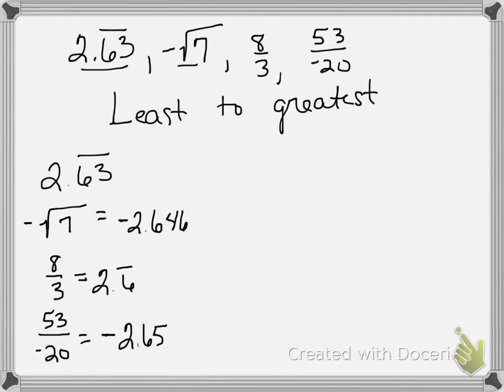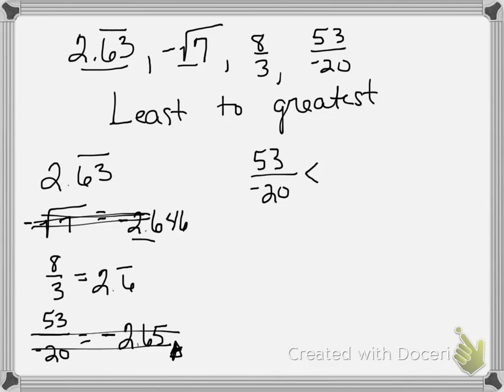Which one is the smallest? Well, if I look at this, the very smallest one is this one right here. In its original form, it was 53 over negative 20. So that's what I want to put, 53 over negative 20. This is smaller than the rest, so I'm done with it. What would come next? Next would be, I was confusing myself here, 2.6 repeating. This one's positive. This one is negative. So, of course, the negative is going to come next.